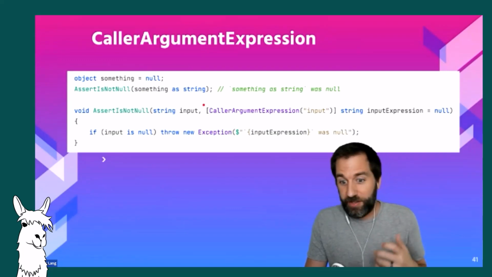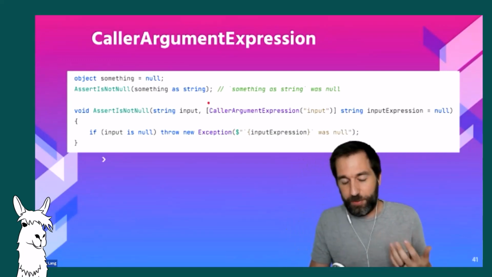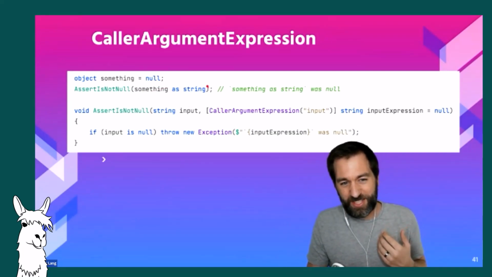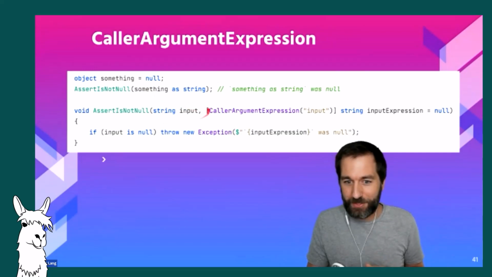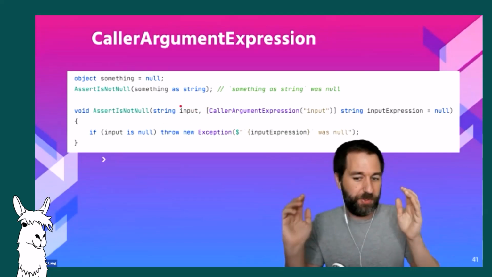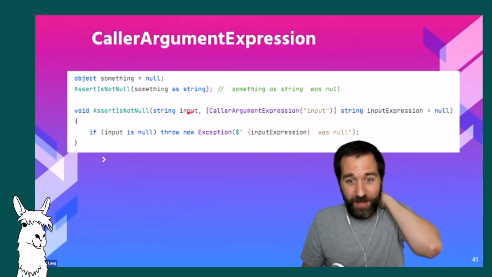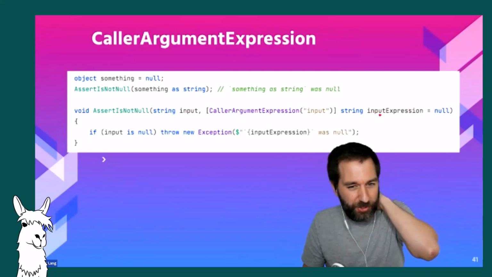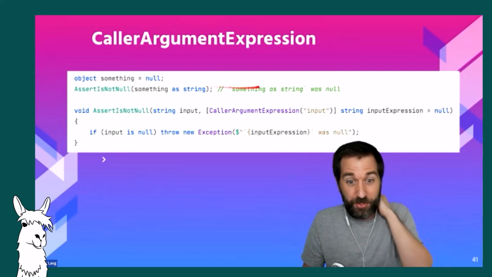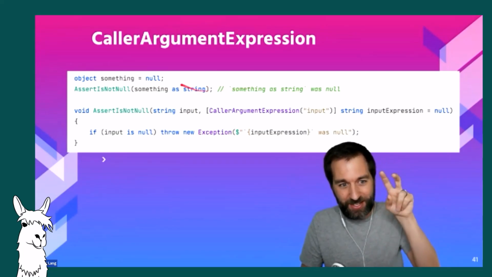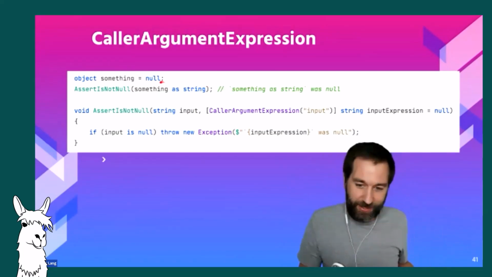Just like the other attributes, it's not going to allow us to set that parameter at the call site. But what it's going to pass in for us is the expression of that parameter as it appears in the source file. So where we're using input expression, we're just throwing an exception. That exception in this case will have the string "something as null", which is the expression that was passed in.